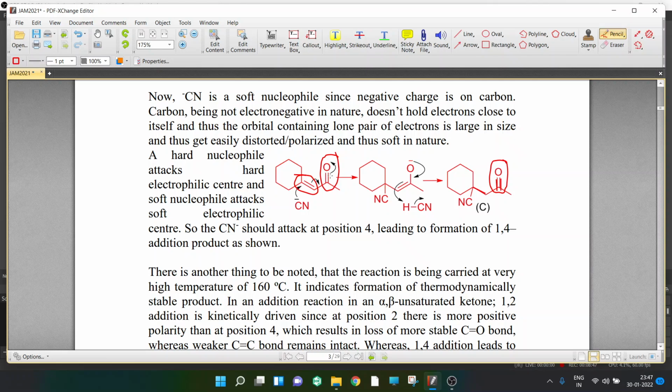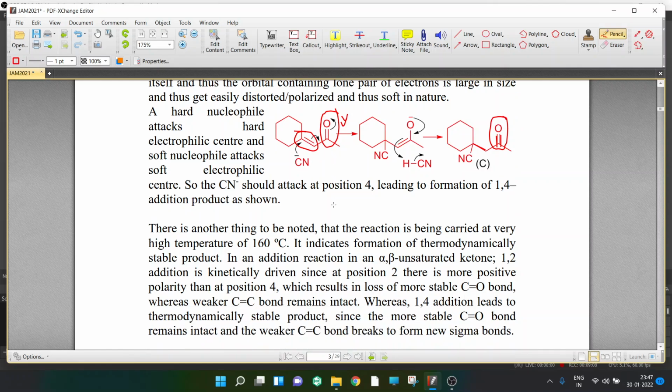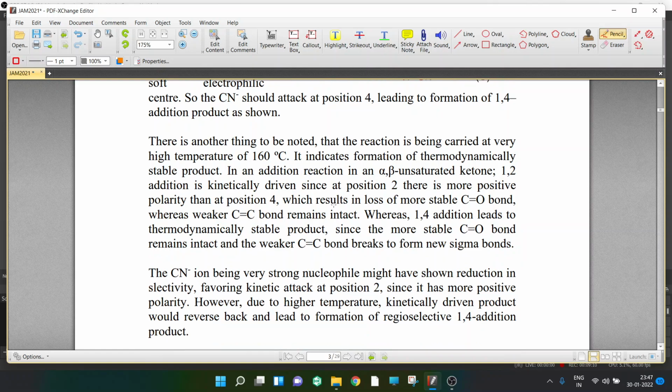Here the bonds are shorter, so this is a stronger bond, and to break it you need more energy. Imagine you are breaking a stronger bond and leaving a weaker bond; that is not thermodynamically favored. Whereas if you break this, you leave the stronger bond intact and break the weaker bond, and therefore the reaction happens here.